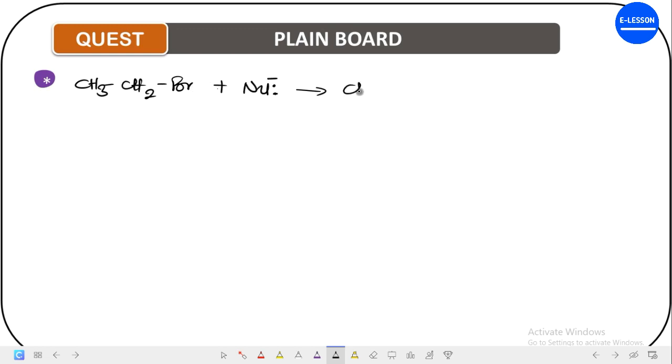So this is going to give us CH3CH2 with the nucleophile attached here, plus the bromine group with its electrons. What happened? You discover that the nucleophile came here, removed the bromine, and the bromine left, to form this product. Are you getting it now? So we say this kind of reaction is a substitution reaction.